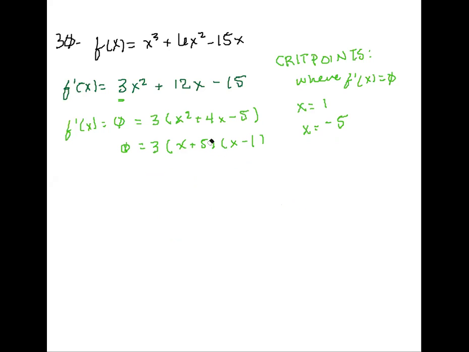How would you go ahead and find the mins and maxes now that we have the critical points? Well, we could plug the critical points back into f of x, and that would give us the y value that corresponds to them.